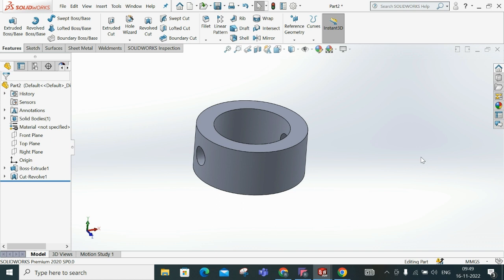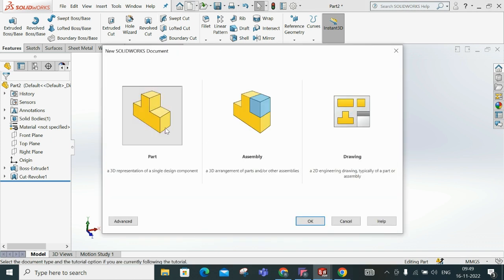Yes, same method will be applied. Okay, let me show how to draw that taper pin.